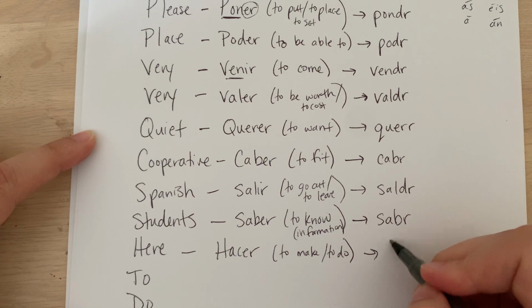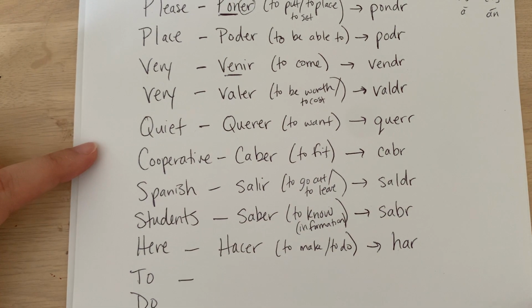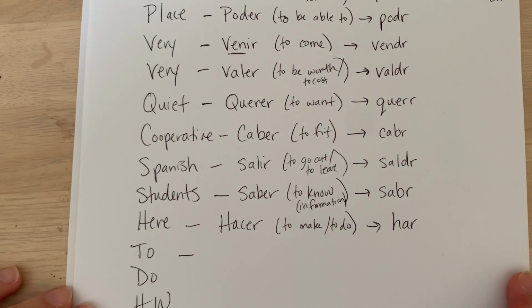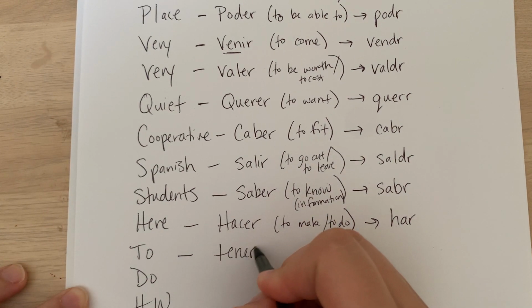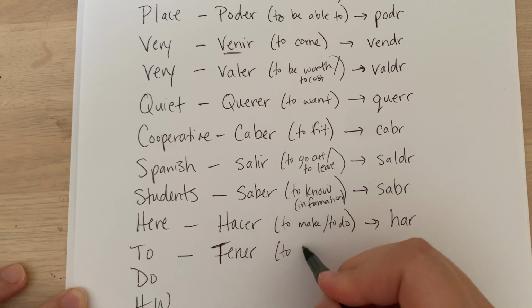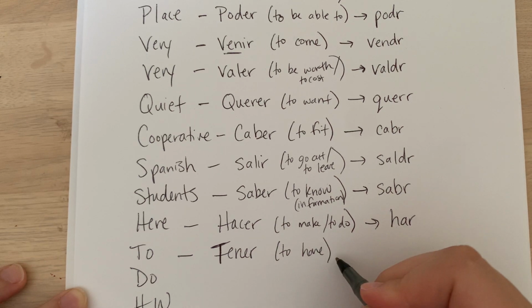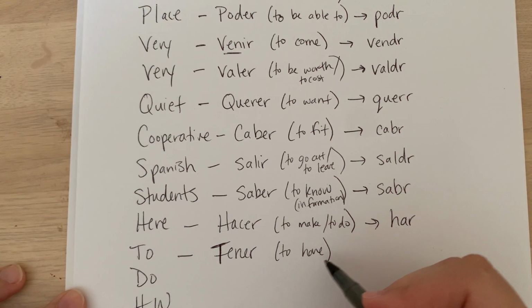This one goes to har. Like a pirate. Ar. Yeah, I'll make my bed later. I will make my bed. T. Tener. Sorry about that lowercase sound, everything else. Tener. To have. Or with age, like next year I will be 32 years old.